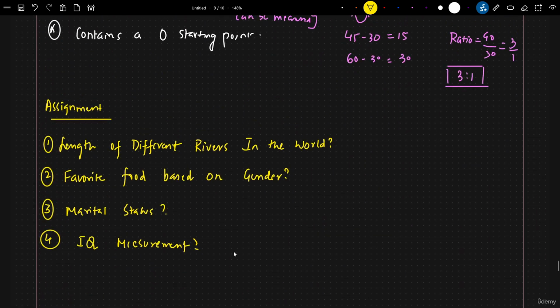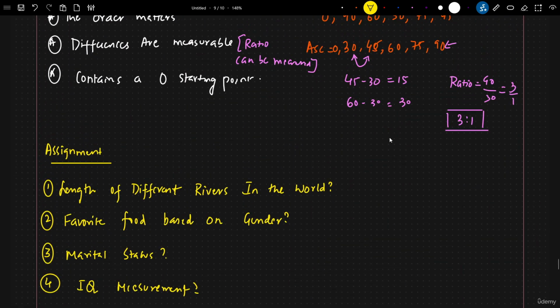And again, here also I can take one more example with respect to this. This is nothing but weights. So in weights also you may have 10 kgs, 20, 30, 40. I can calculate the difference. If I want to compare these two weights, I can say, hey, you are 3 times heavier than this particular weight, right? So their ratio is also calculated.